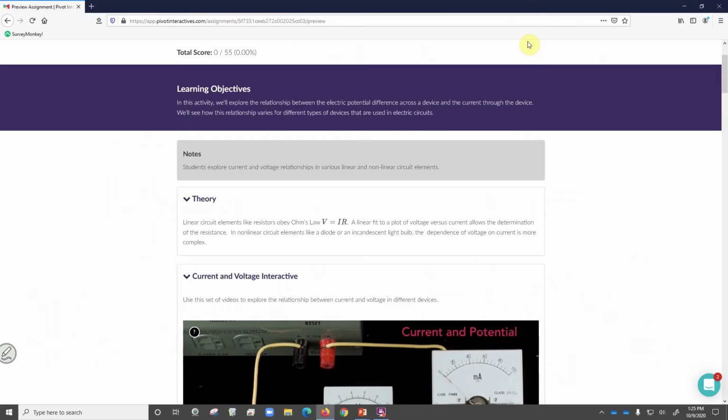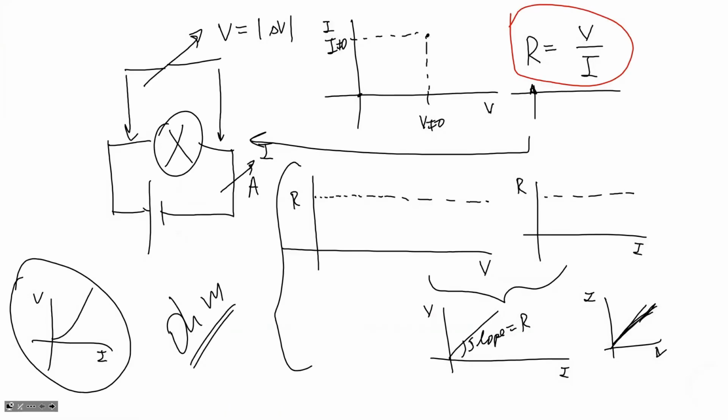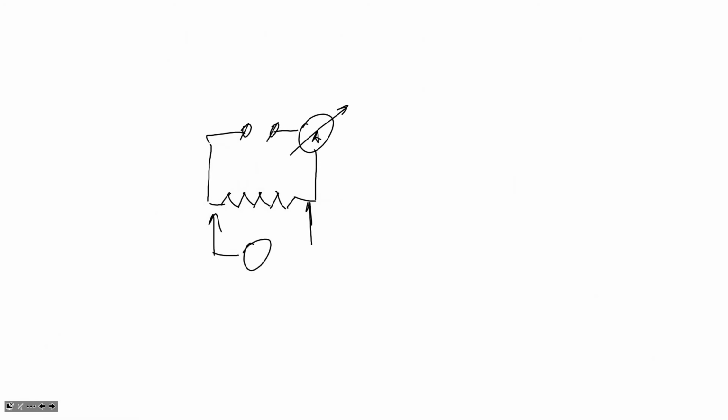Now, what do we have in this lab? Well, you've got the circuit, and what kind of a circuit actually is it? A simple circuit where you've got a device, let's say a resistor. You connect it to a power supply through the ammeter, and measure voltage using a voltmeter.